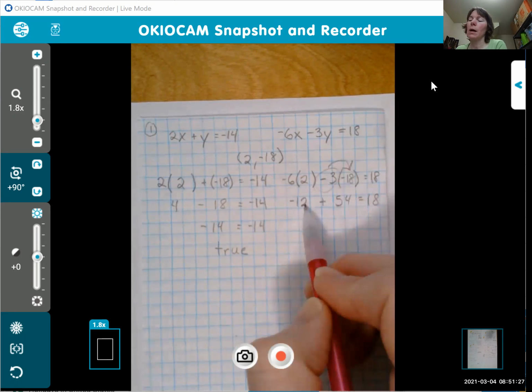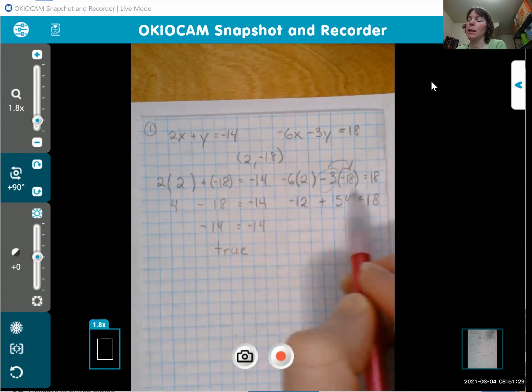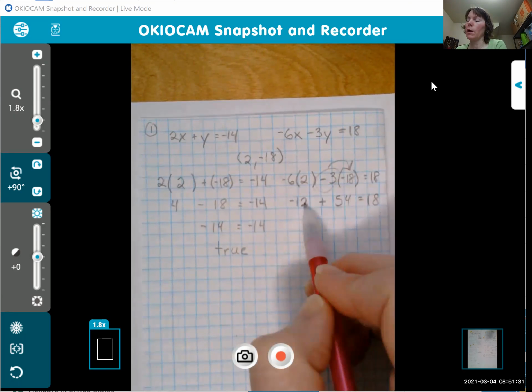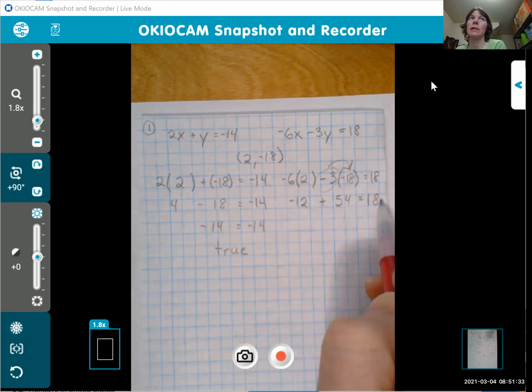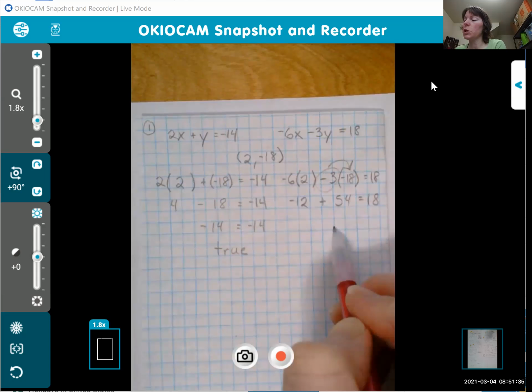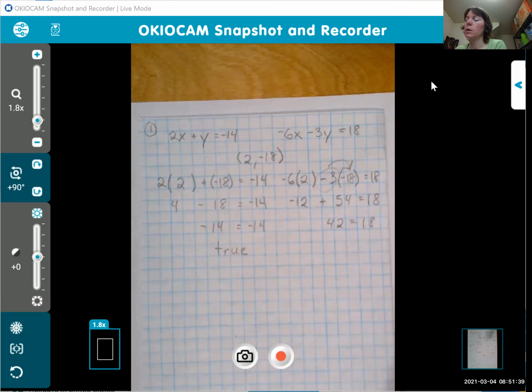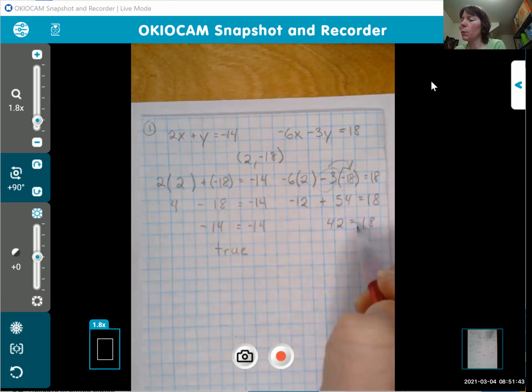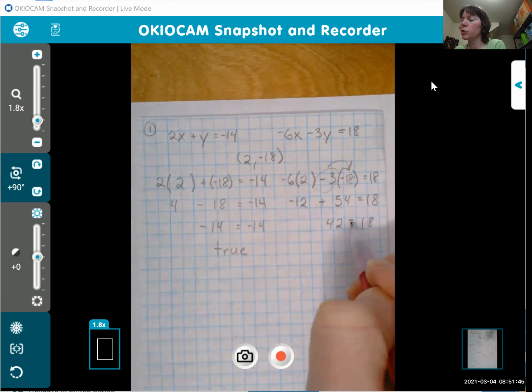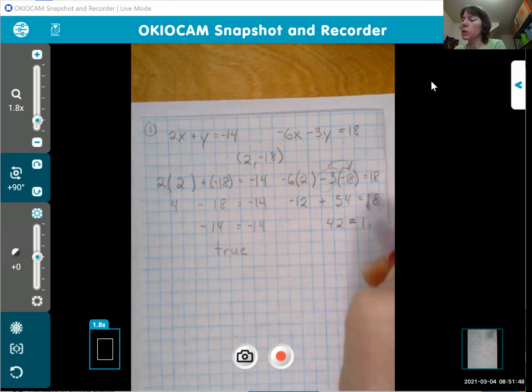But now I think hopefully we're all noticing that 54 and negative 12, that's going to be way bigger than 18. In fact, it's 42 equals 18. So if you recall last time, we had that special sign that we used when we got to this point and we had written equals and we realized it wasn't true anymore. And we took a diagonal line and we drew it through our equal sign.